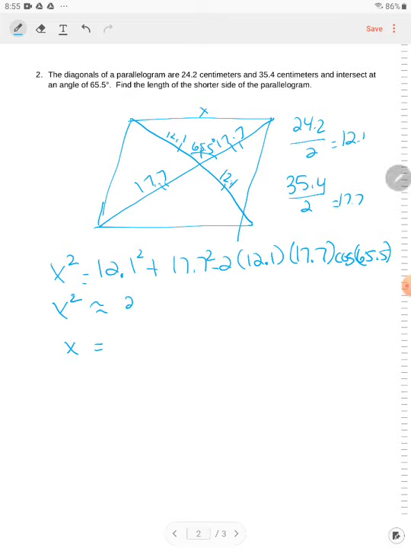You get 277.67. We take a square root. We get approximately, since I rounded, 16.7 centimeters.